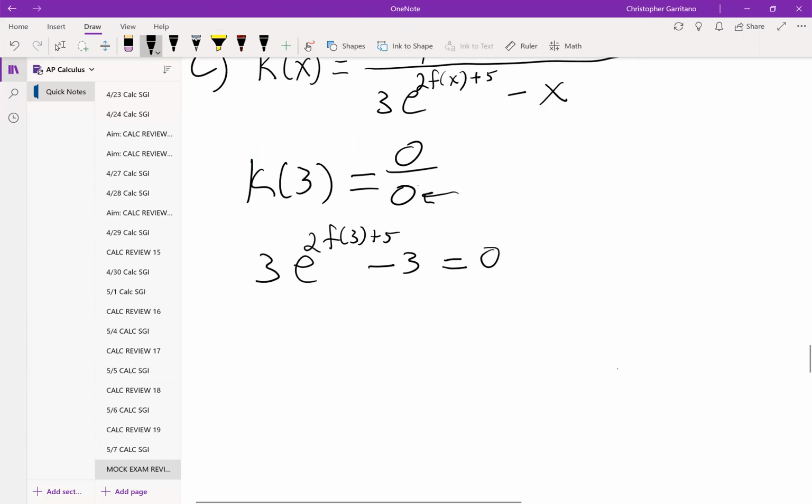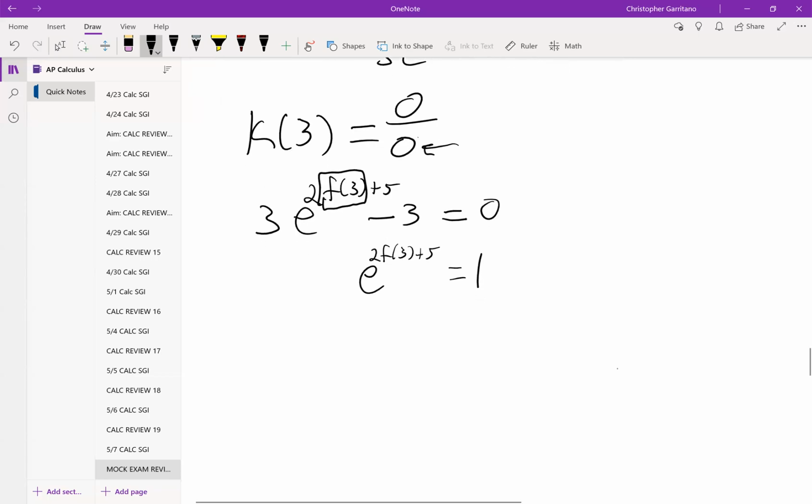Now I'm simply going to solve for this expression right here. This is what I'm interested in finding. I'll add 3 to both sides and then divide by 3. So I'll have e to the 2 times f of 3 plus 5 is equal to 1. To get rid of the base e, I need to apply ln to both sides.